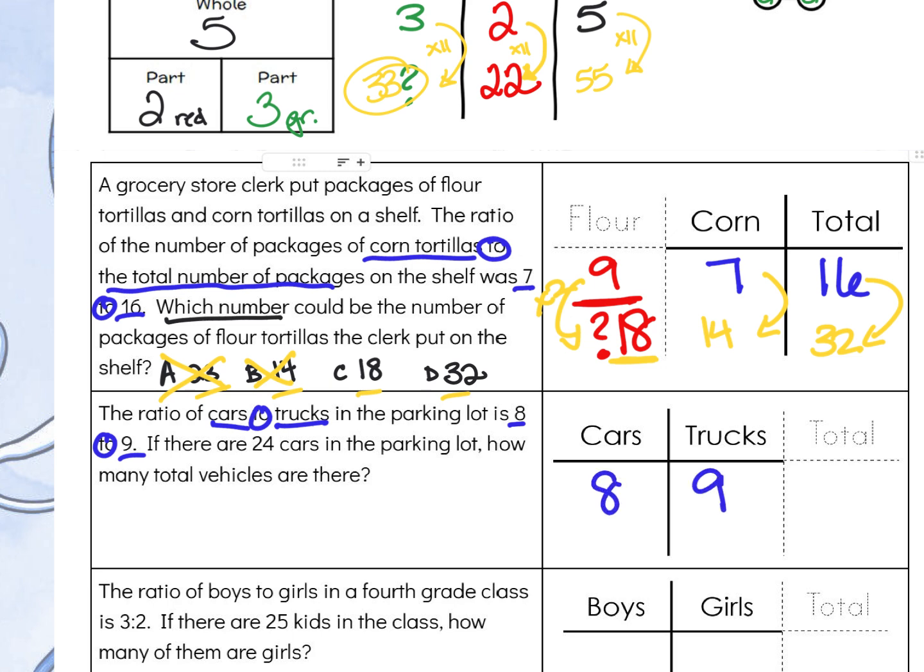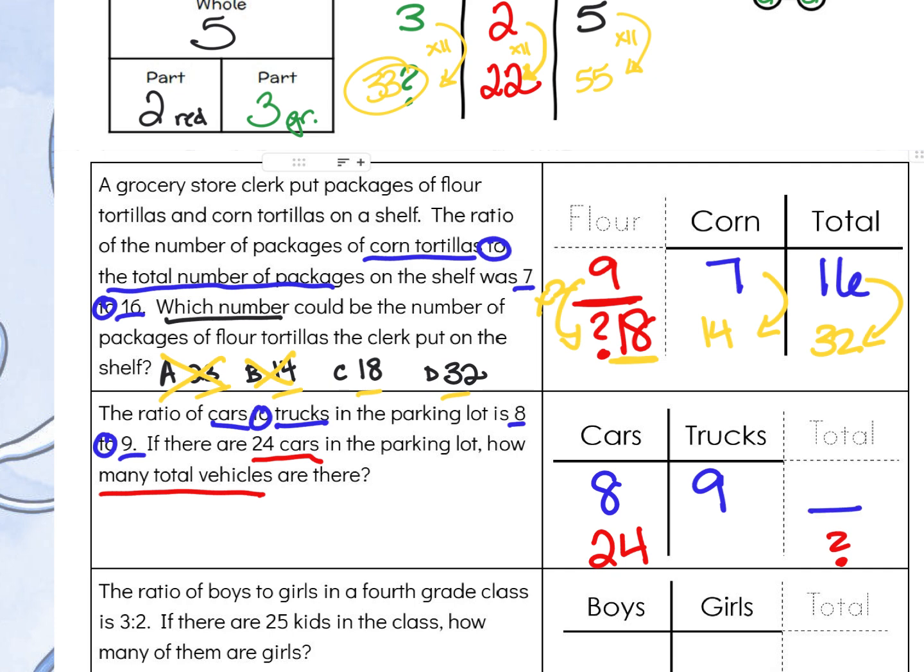When we look at the question, it says if there are 24 cars in the parking lot, so 24 cars, how many total vehicles are there? So now we're talking about total vehicles. Okay, so we need to find the original total vehicles.